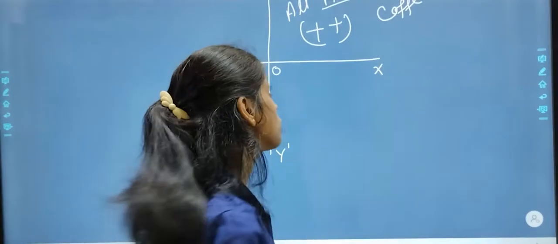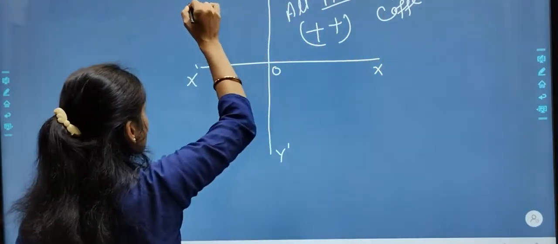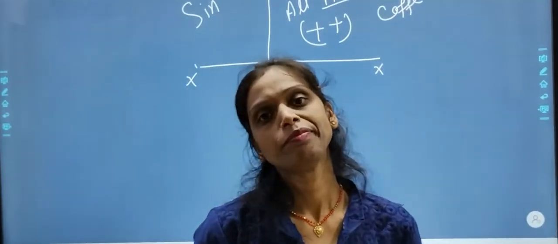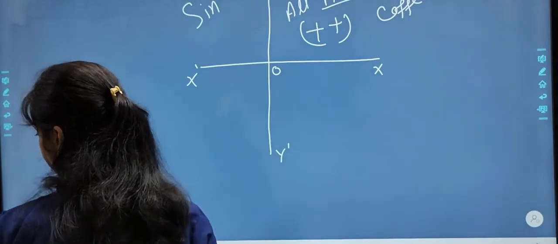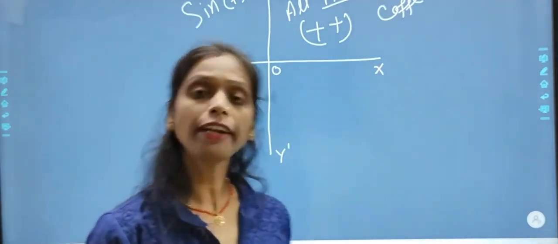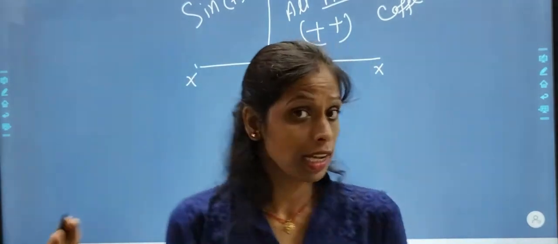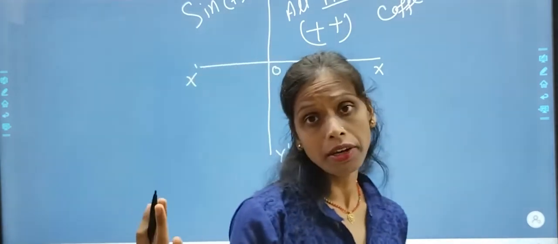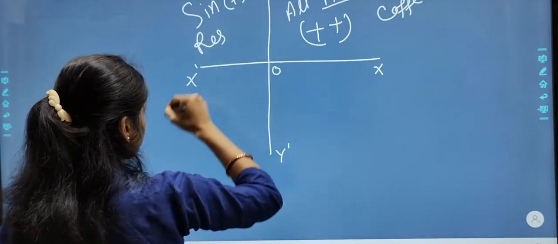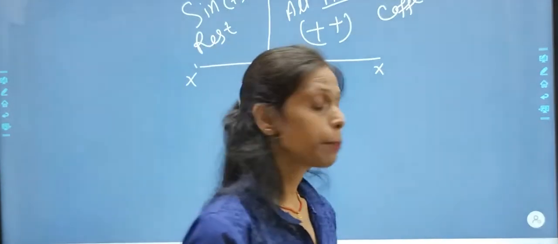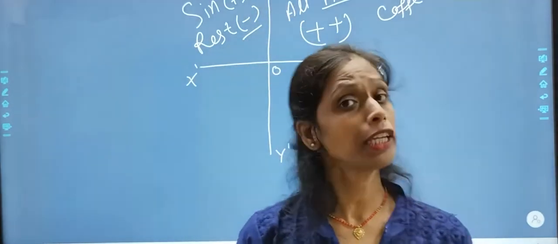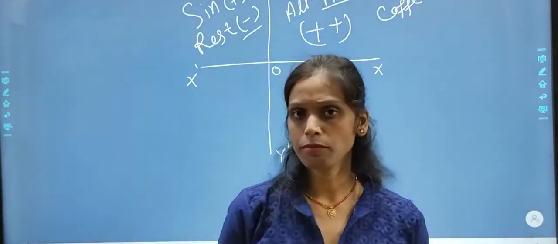Whereas sugar means S, sine is always positive in the second quadrant, and the rest of the trigonometrical ratios like cos, tan, cot are negative. Okay, always keep this trick in your mind. It will help you solve every question related to this chapter.